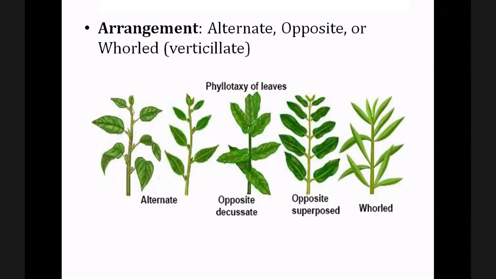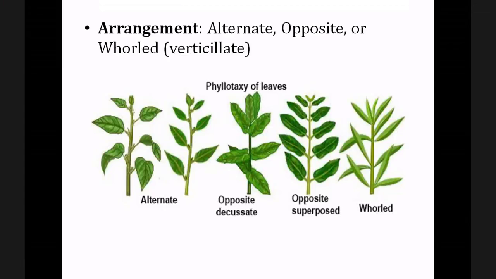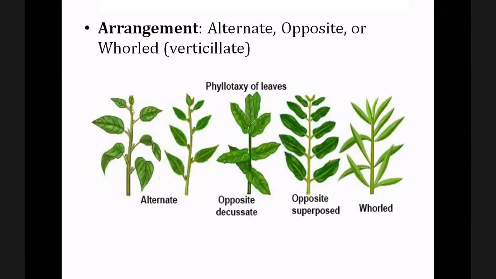Alternate leaf arrangement means a single leaf arises from the node of a branch or stem. The node has only one leaf.